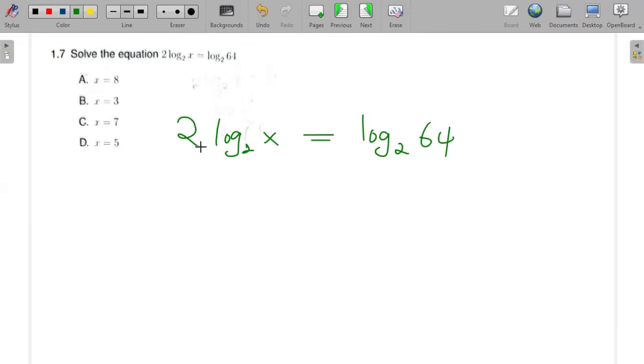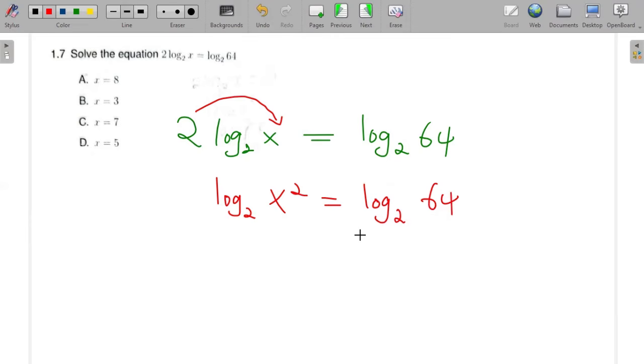Okay, so here by the properties of logs, we can raise this 2 to be the power on the x. So it will be log base 2 of x squared is equal to log base 2 of 64. So when you reach here, there are a number of different ways in which we can find the value of x.